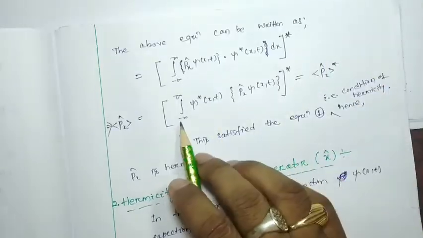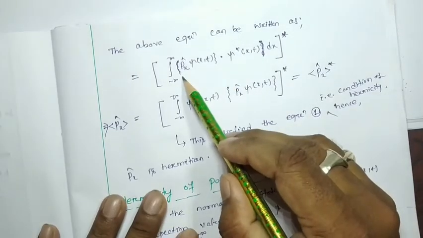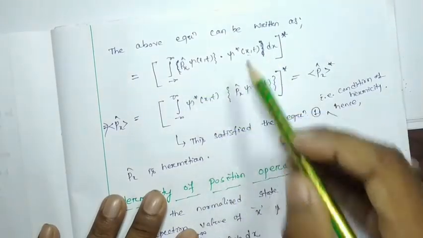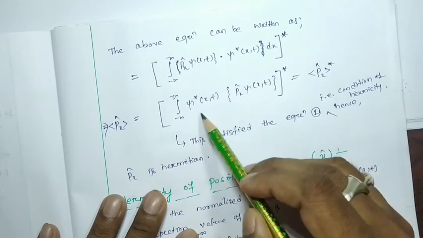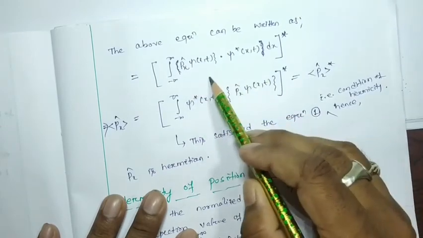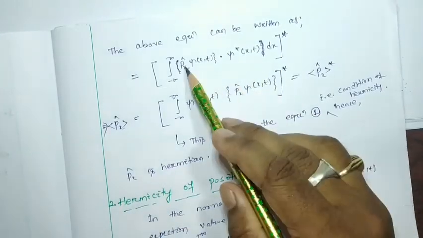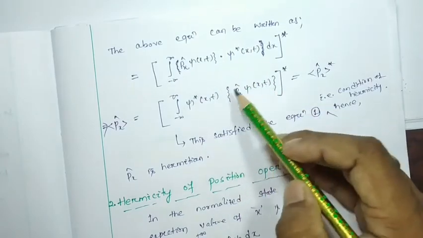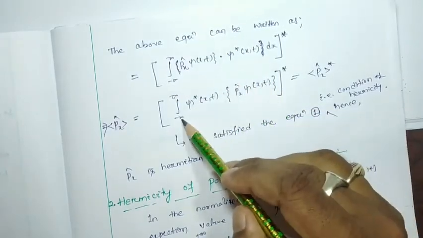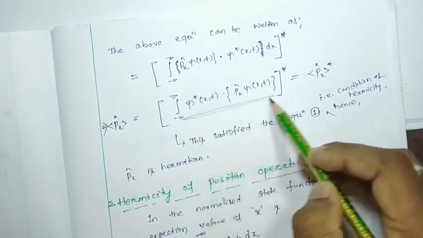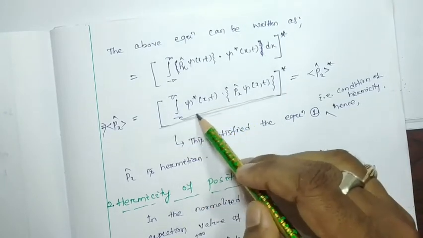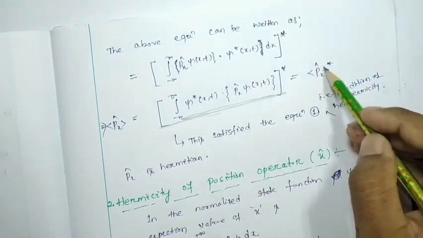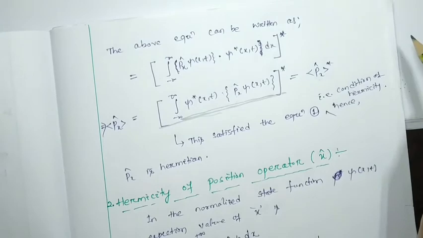So what is the meaning of this one? If I write psi star(x,t) first, then px cap psi(x,t), then this whole term is nothing but px cap to the power star.